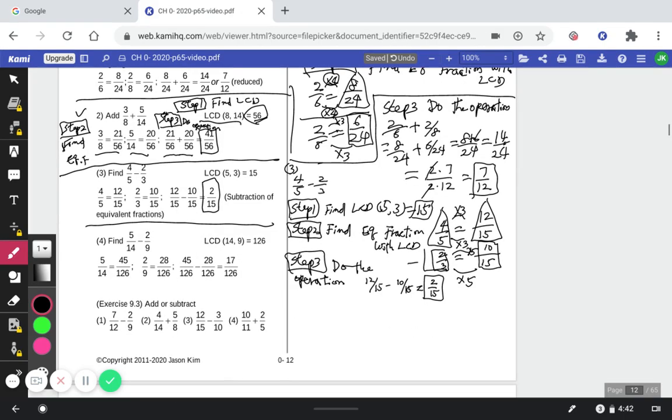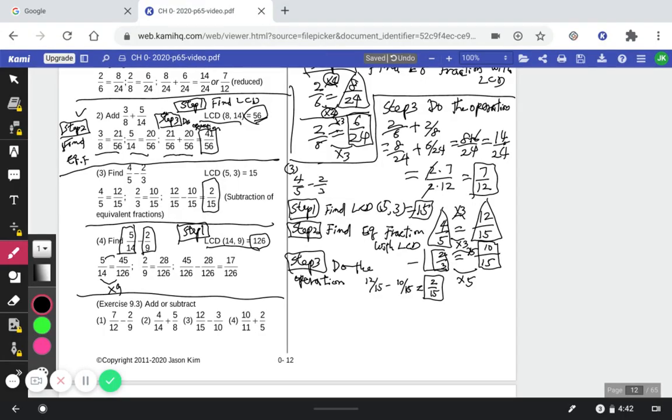Now, the next one is 5/14 minus 2/9. So step 1, find the LCD. The LCD of 14 and 9 is 126. So you have to convert each fraction, 5/14 in terms of a denominator of 126, and 2/9 in terms of a denominator of 126. So to convert 14 into 126, you multiply by 9, top and bottom. So 5 times 9 is 45.